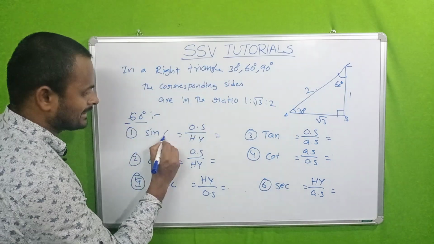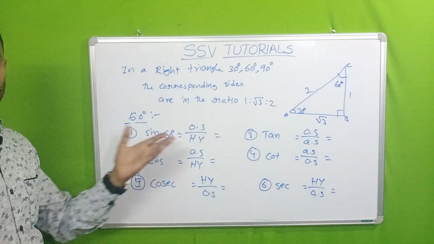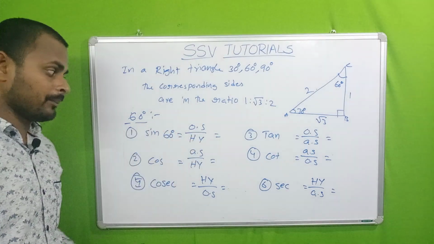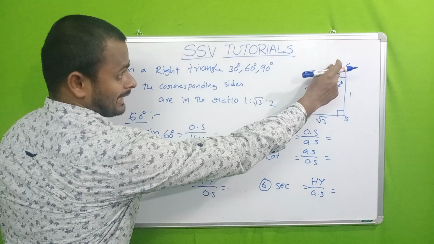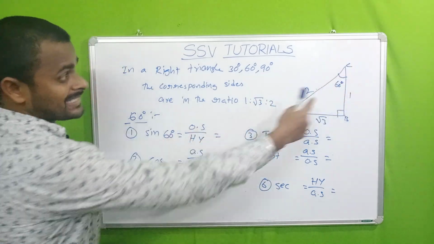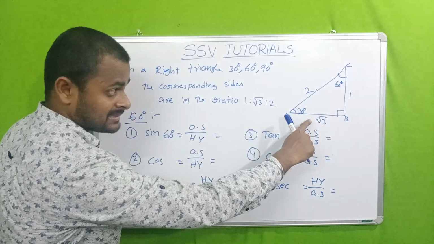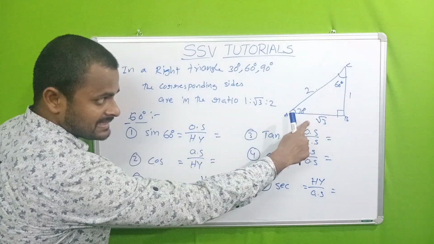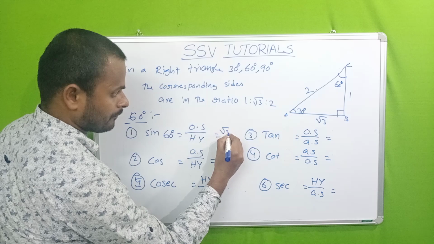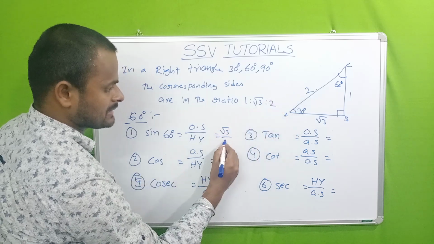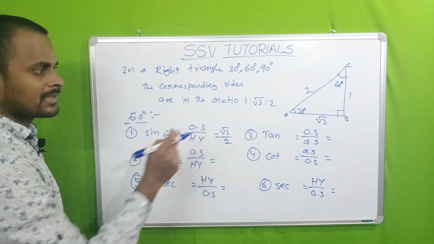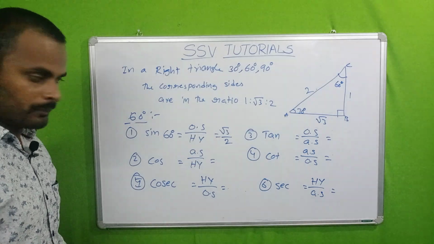So sine 60 degrees. You know the formula, opposite side by hypotenuse. Which is the opposite side to 60? The opposite side to 60 is root 3. Hypotenuse is 2. So sine 60 is equal to root 3 by 2.